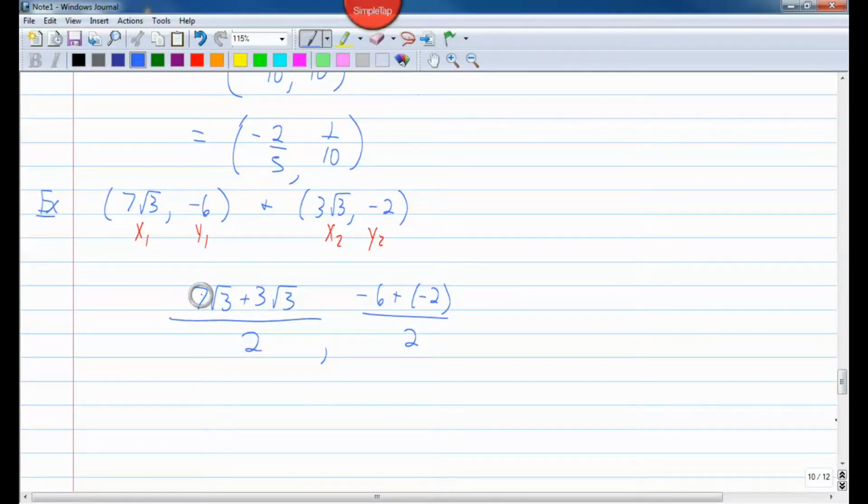So how do we add radicals? We just add the numbers in the front as long as the radical part's the same. So this is 10 square roots of 3 over 2 and negative 8 over 2. Now, if you can simplify between the denominator and what's in front of the radical, then you do that, and you can, right?